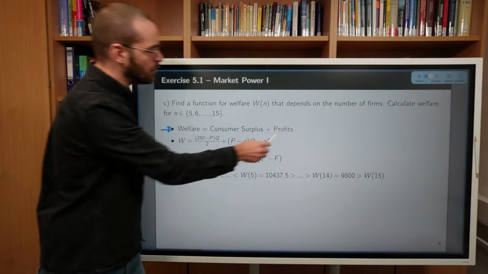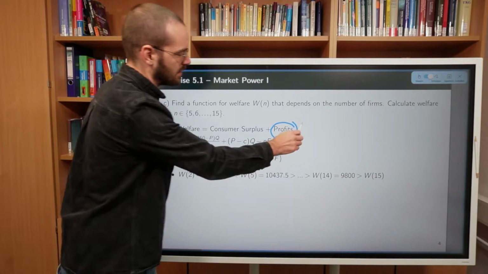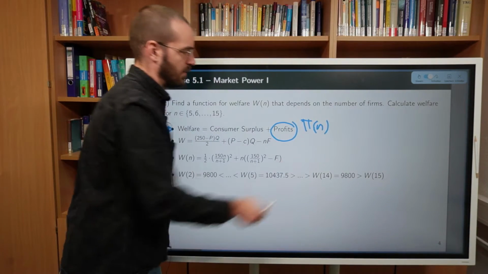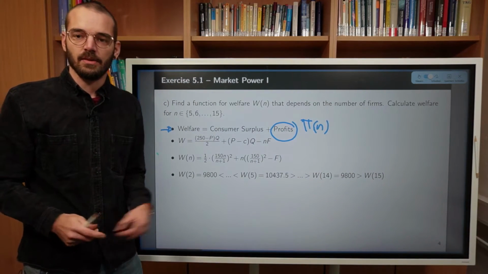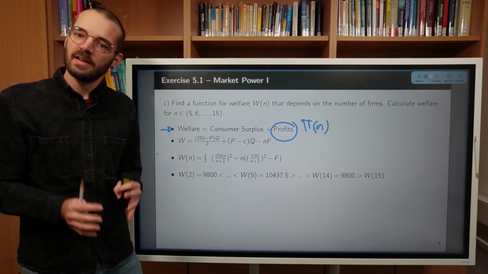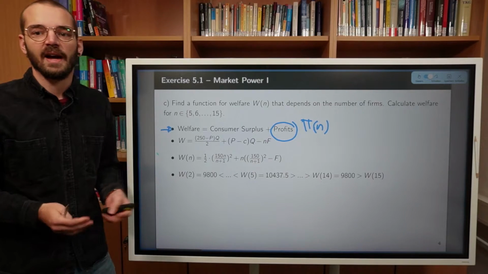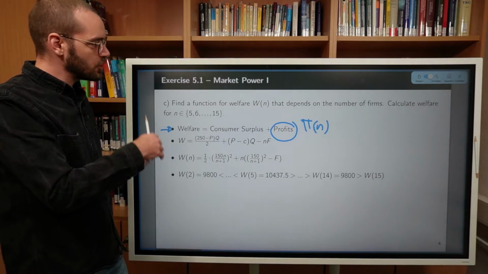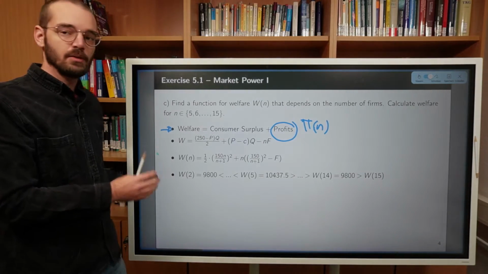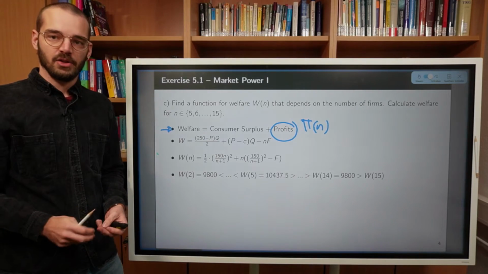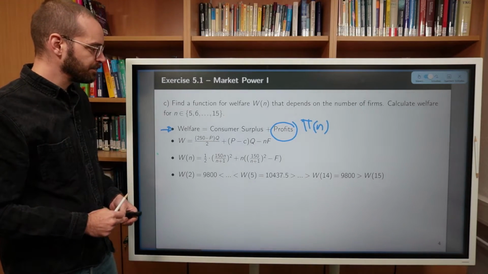Now, luckily, we already calculated profits of the firms as a function of the number of firms in the previous tasks, so we don't even need to think about this part anymore. We can simply rely on our previous results. So what we now need to add in order to find the solution is, of course, the consumer surplus as a function of the number of firms.